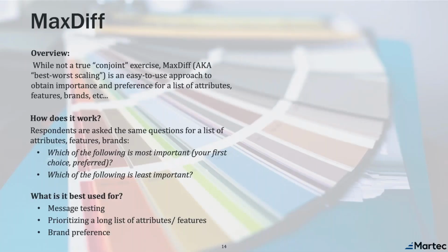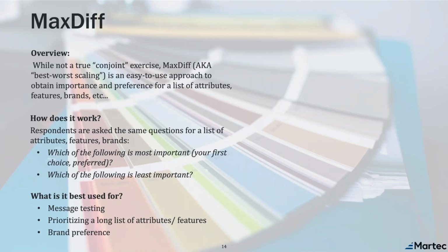And then finally, talking about MaxDiff. Now, this is not a true conjoint exercise, but it is an easy-to-use approach to obtain a rank order of attribute importance and/or preference for product attributes, benefit statements, product features, different brands.